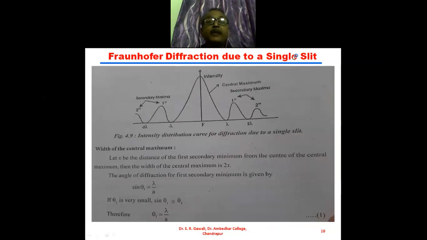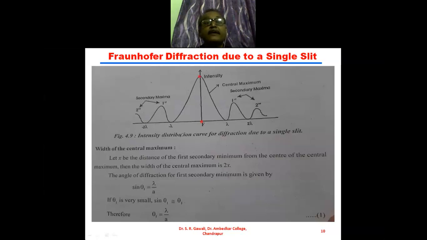I will explain this graph so that you can easily understand. This point F that I showed in the previous diagram is the central point, and at this point F we have seen that we get the central maximum. Central maximum means maximum intensity. The intensity we get here is this much, which is the maximum.